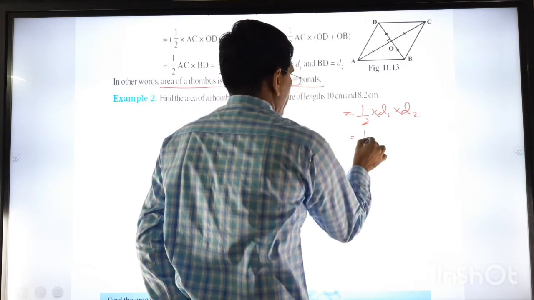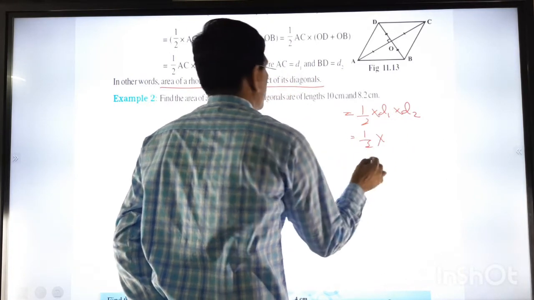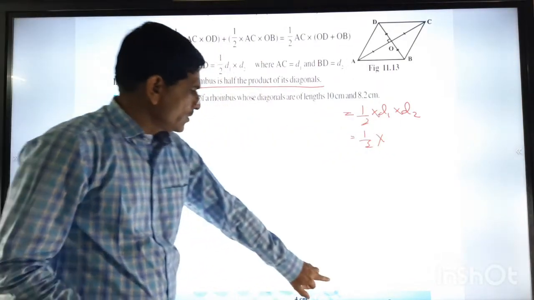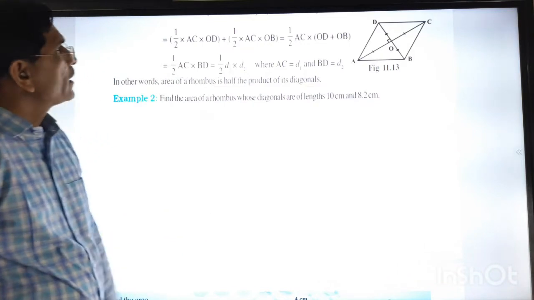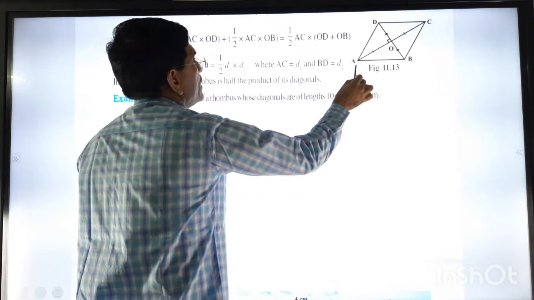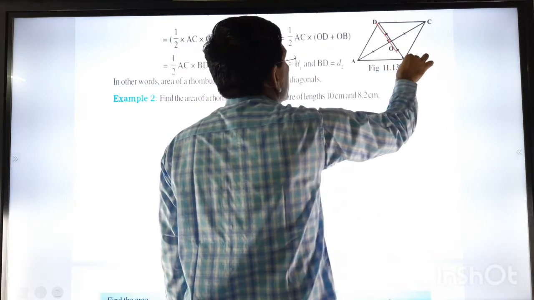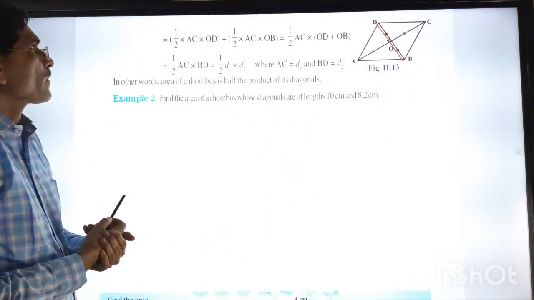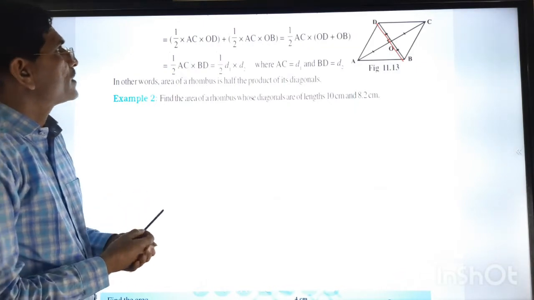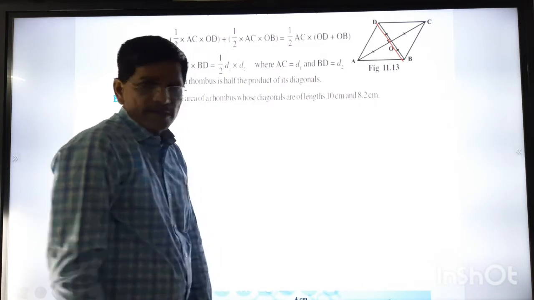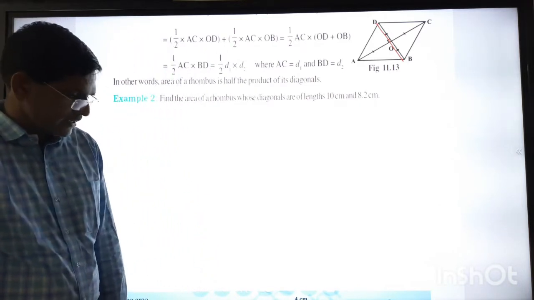That is 1 by 2 d1 d2. The value is given, but how can we derive this? That we first have to understand. If you look properly, we can say two triangles are there, with the same base AC.